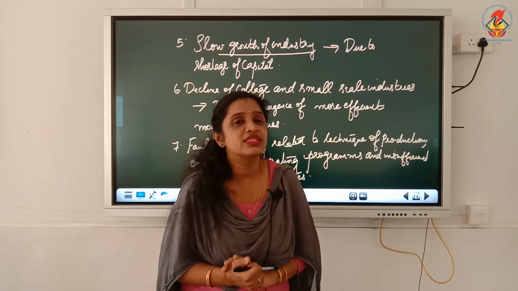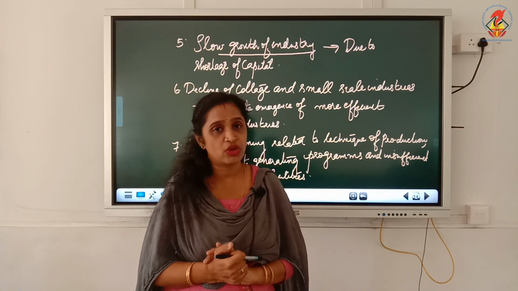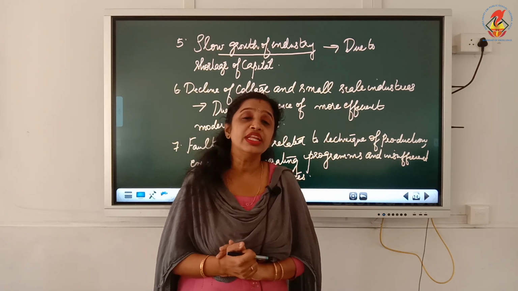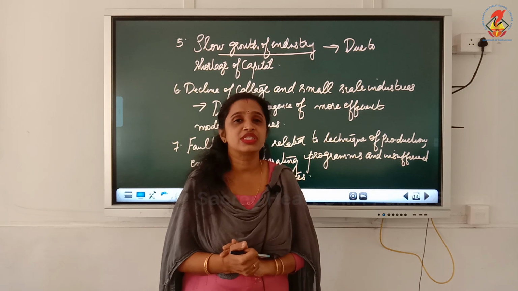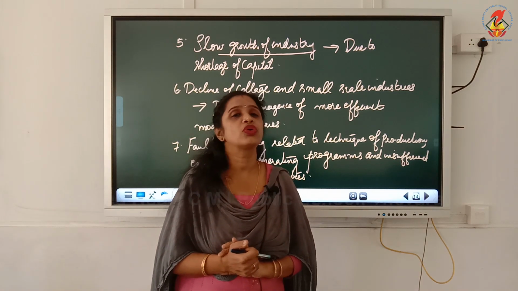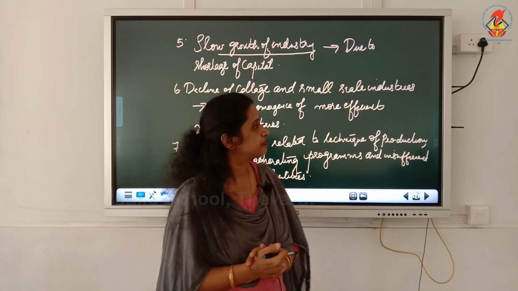That is another reason for unemployment. Why is there a slow growth rate of industries? Because you know that for industries to function, there is a need for capital. If the capital is less, industries cannot function. So shortage of capital leads to slow growth rate of industries, which can create unemployment.